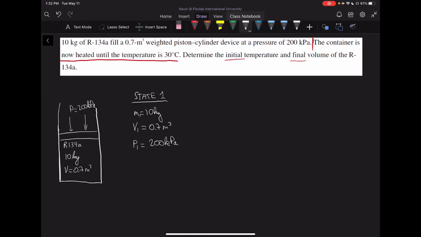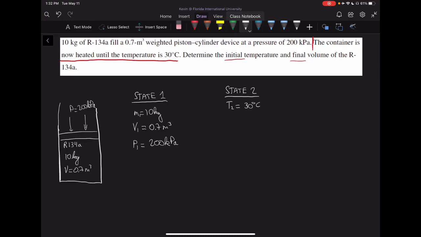Now, it says the container is now heated until a temperature of 30 degrees. So in a second instance, we have a second state where the container is now heated. At state 2, we're told that temperature 2 is equal to 30 degrees Celsius.